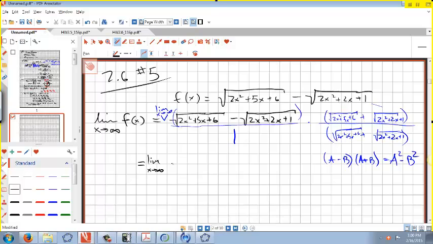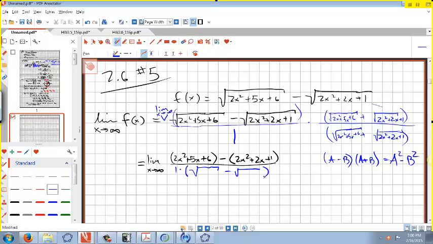This becomes 2x squared plus 5x plus 6 minus, in parentheses, 2x squared plus 2x plus 1, all over this down here. I'll leave this in blue. This is going to be 1 times this whole thing, square root plus square root.